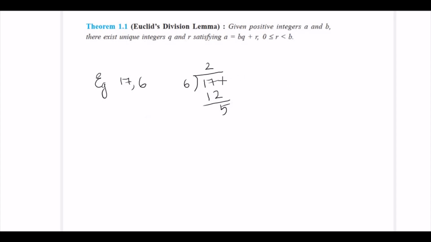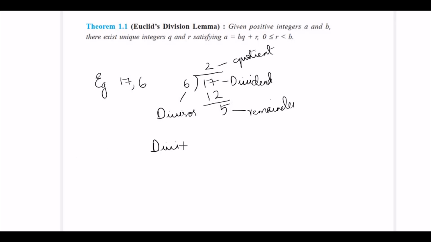So you can write here, this is the dividend, 6 is the divisor, 5 is the remainder and 2 is the quotient. So when you express this, you can write dividend is equal to divisor into quotient plus remainder.